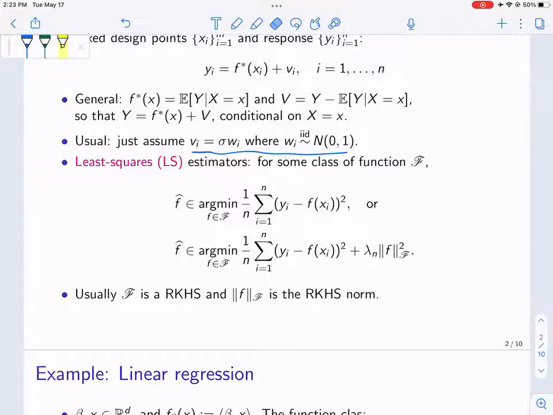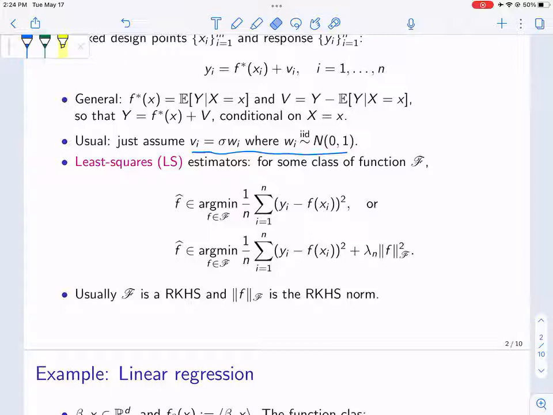The norm usually measures good properties. So for example, it might measure smoothness or roughness, the opposite of smoothness. So if I penalize by the norm, I'm penalizing by the roughness of f. I'm going to give some examples of what it looks like.